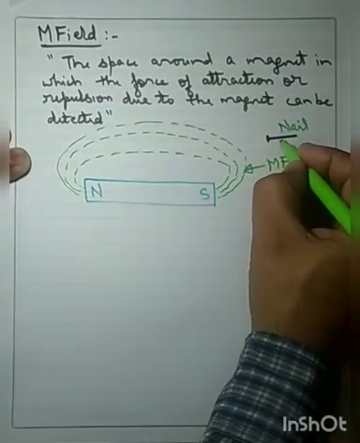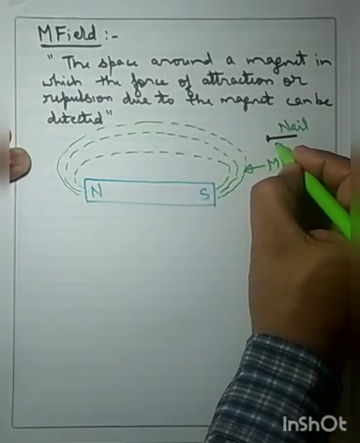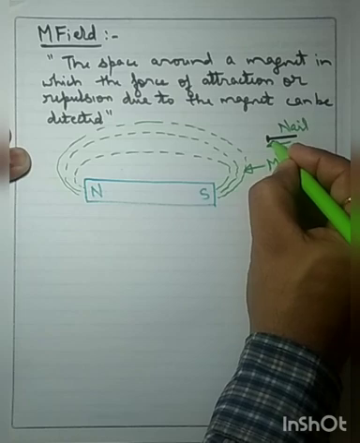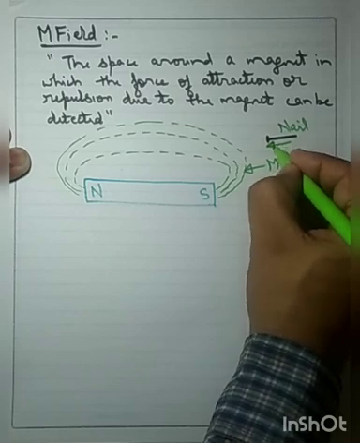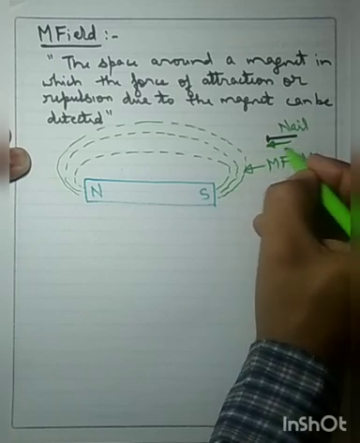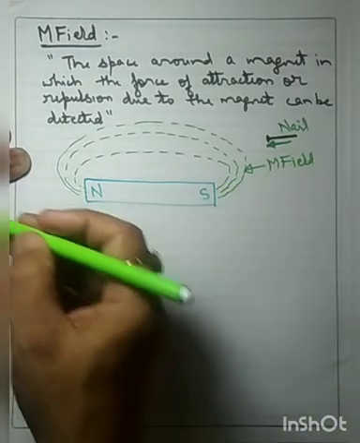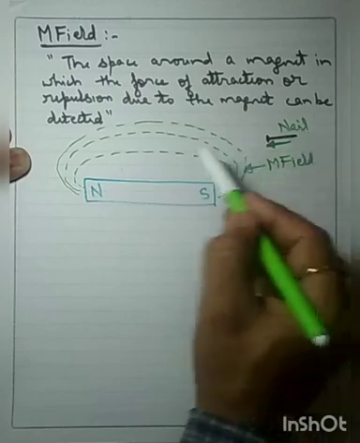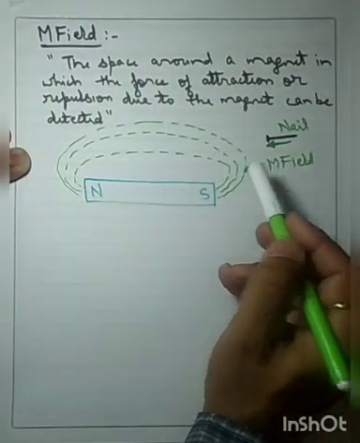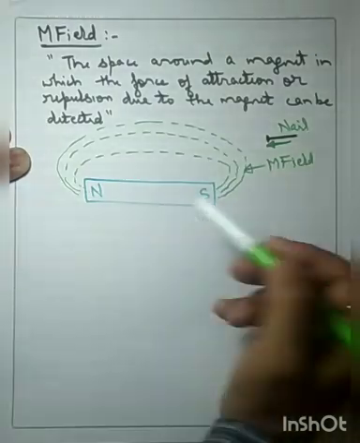But as soon as we move this nail manually towards the magnet, then a stage will come that the magnet will attract this nail, and this happens because the nail comes in the magnetic field of the magnet.